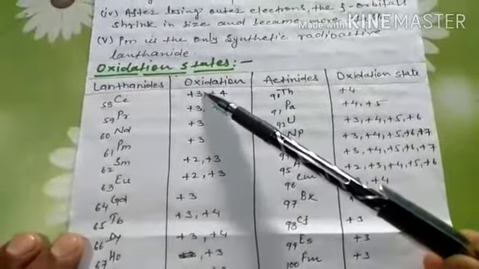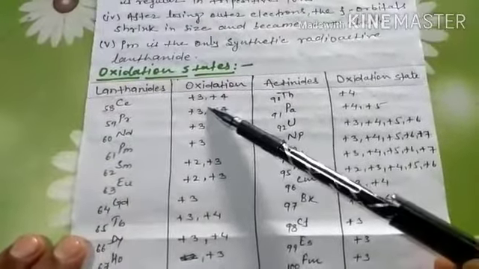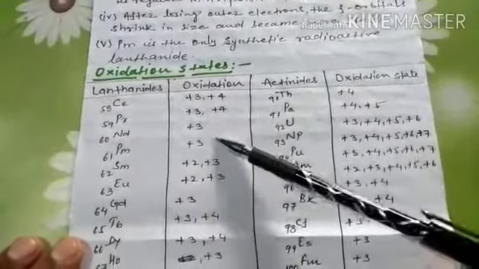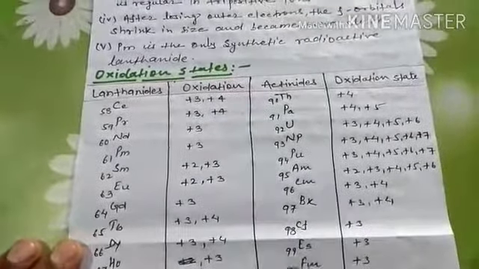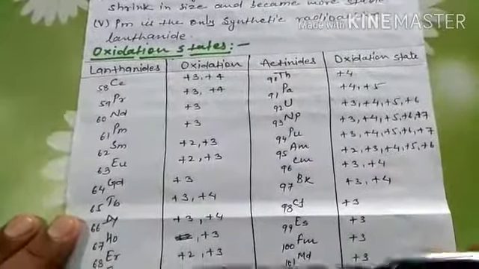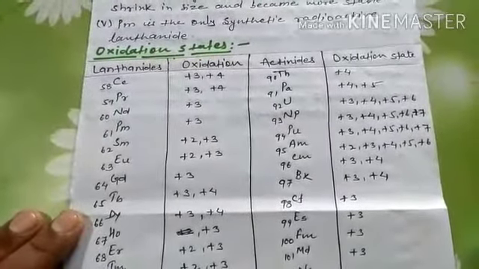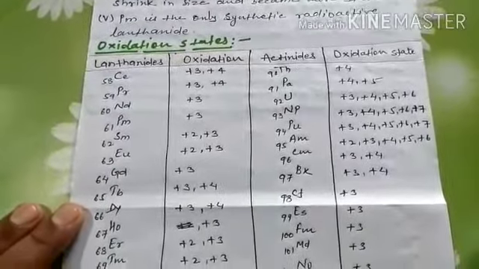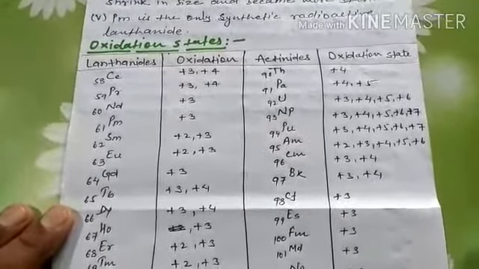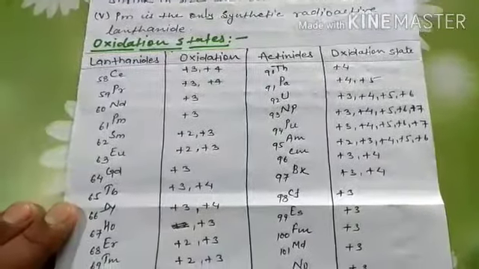So we can say +3 oxidation state is common in lanthanides.